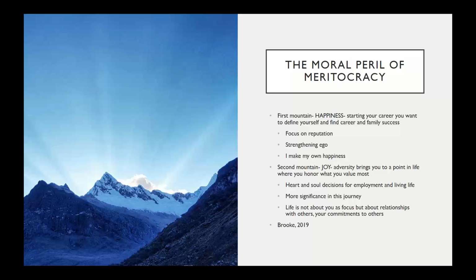And you ask yourself at a certain point in time in your career, is this bringing me happiness? Is this the path I want to go on? And adversity brings you to a point in your life during that career path where you want to honor what you value most. My friend Lauren calls it remembering why you started. The heart and soul decisions for employment and living your life are really the ones you want to focus on.